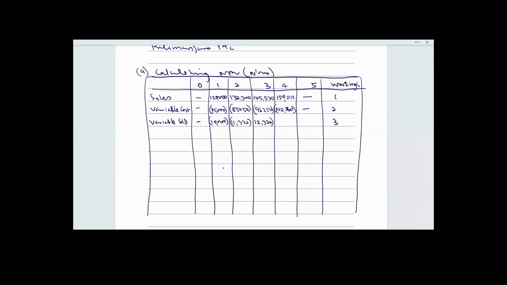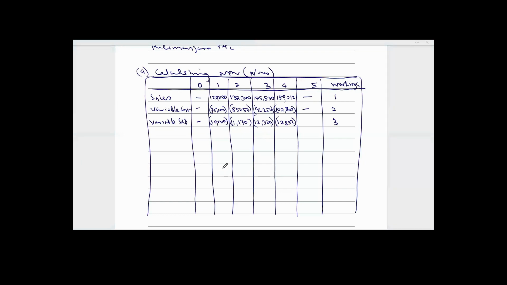That means year 2 is not correct. Yes, year 2 is 11,130. Then year 4, 12,852. Thank you. So let's move to the next one.